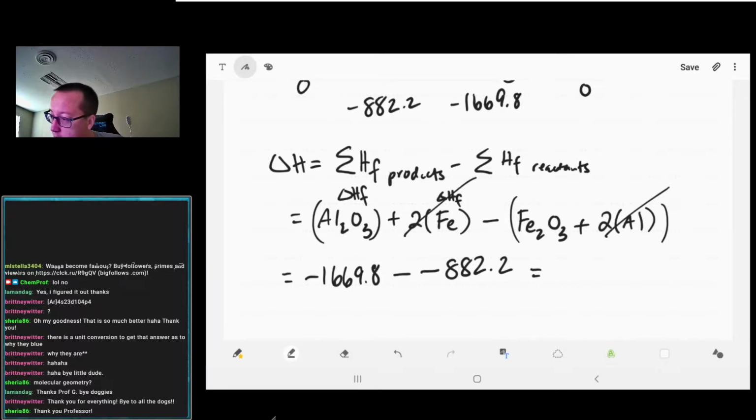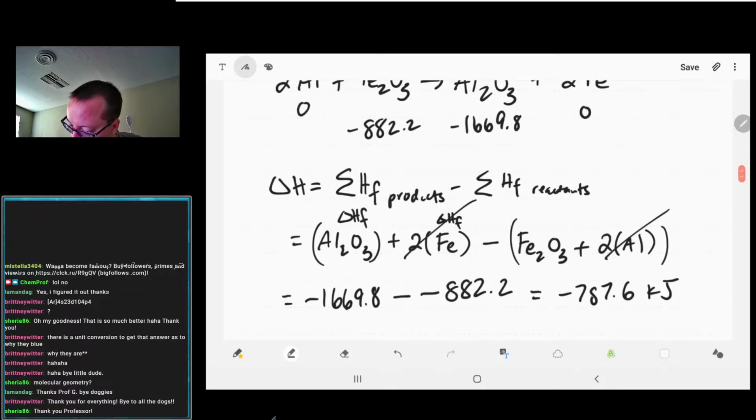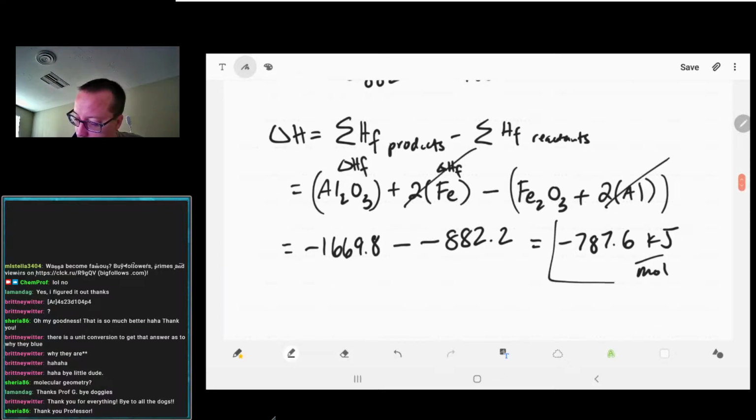Negative 1669.8 plus 882.2. We get negative 787.6 kilojoules. So that would be the energy change associated with this, technically per mole because it's delta H, but let's just put it there.